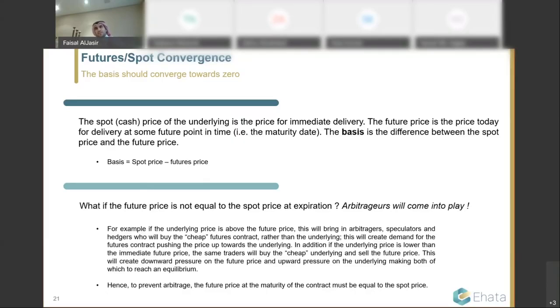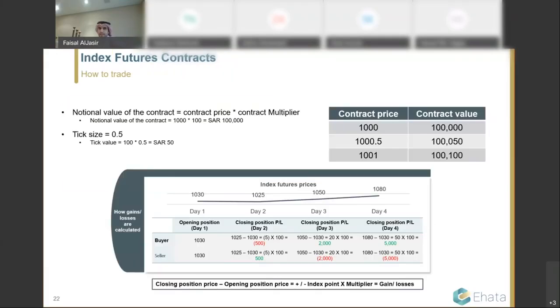If that didn't happen, there will be a chance for riskless trades to happen. And if they do happen enough, that will eliminate or diminish the trade, and we will go back to there being no profit in it, and we will go back to zero. So this is an important concept, to understand the relationship between future and spot.